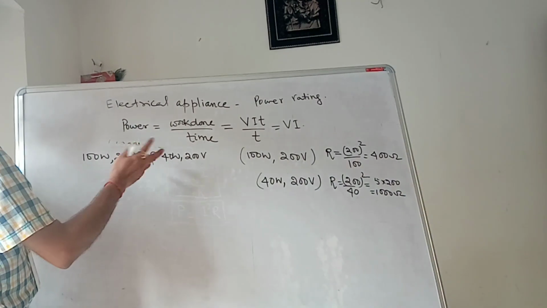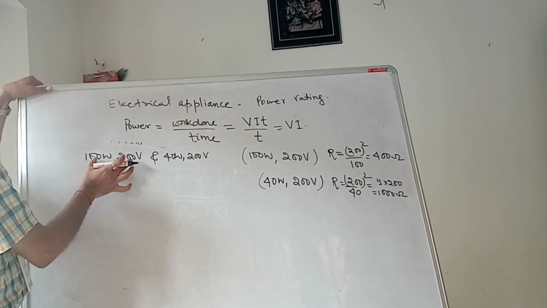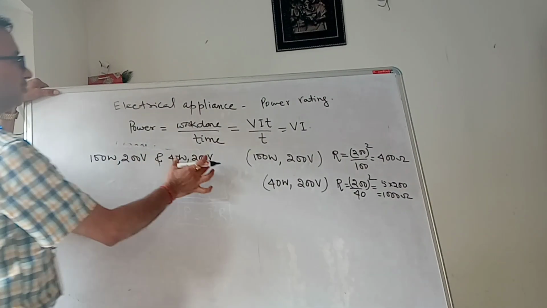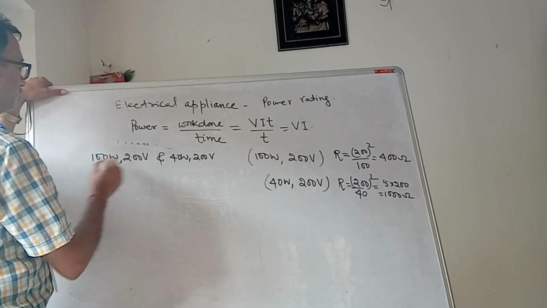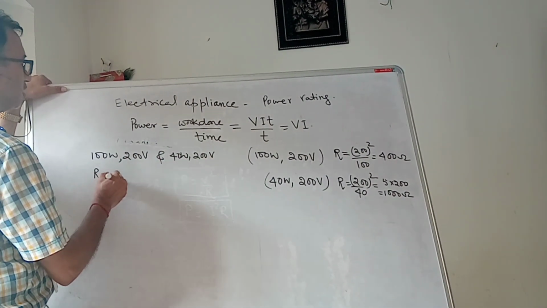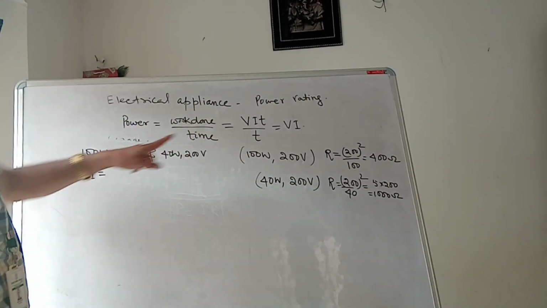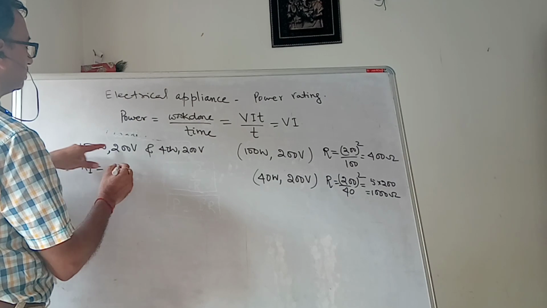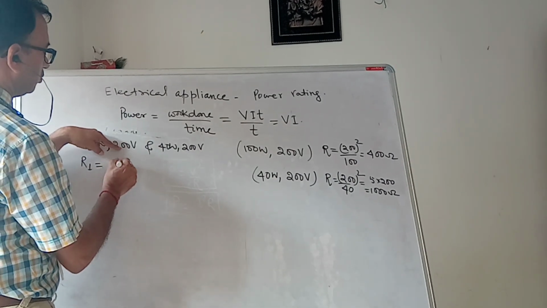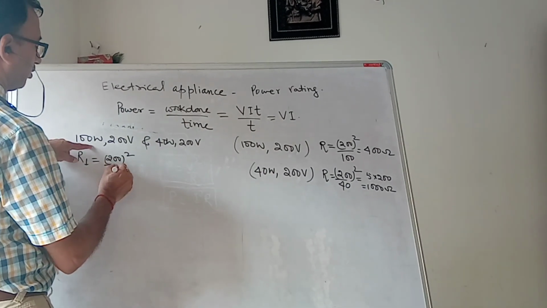How to calculate? First you calculate the resistance of each bulb. The resistance of the first bulb is V square by P, which is 200 square by 100.